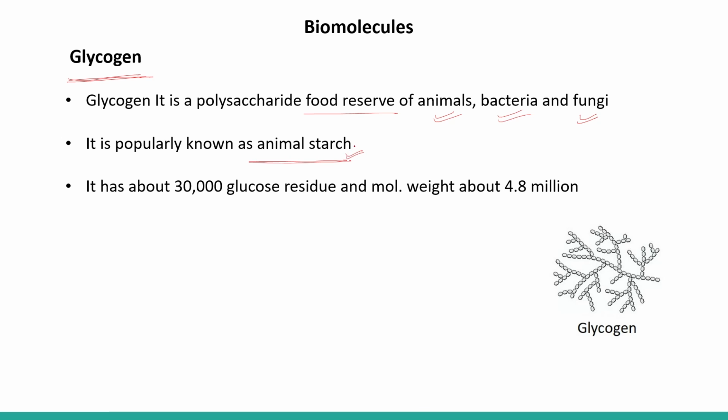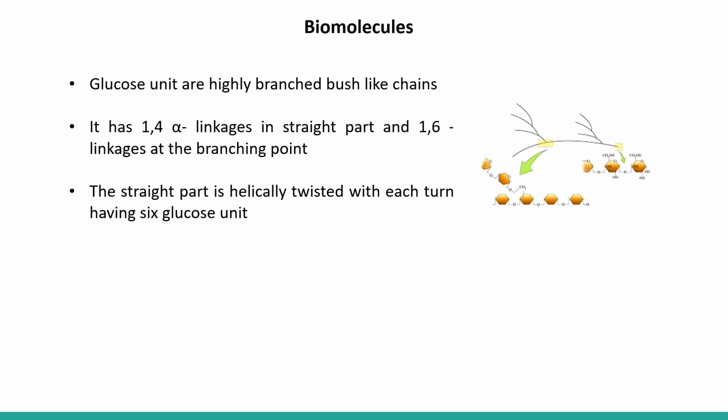It has about 30,000 glucose residues and a molecular weight of about 4.8 million. This is the number of glucose residues present in the glycogen molecule, and also the molecular weight of the glycogen molecule, 4.8 million.